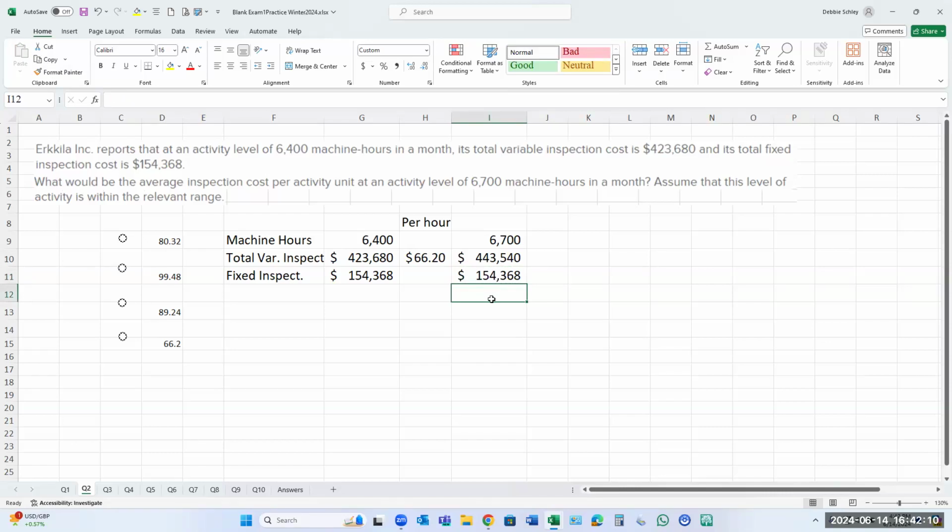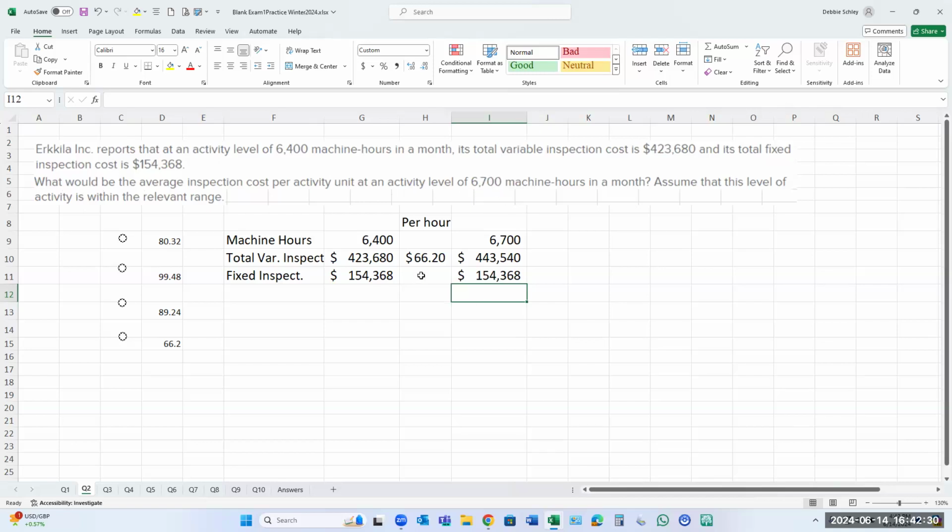Okay, so at this point, I went too far, but it's okay. You needed to know how to do that. But what they're asking me is, what is the average inspection cost per activity unit, or in other words, per hour at an activity level of 6,700.